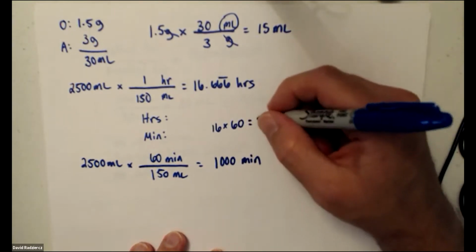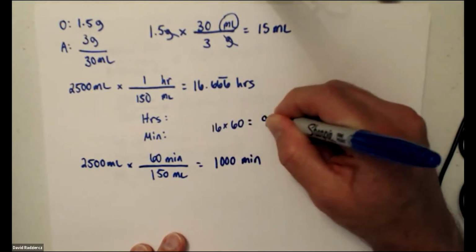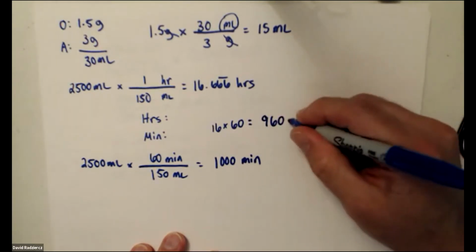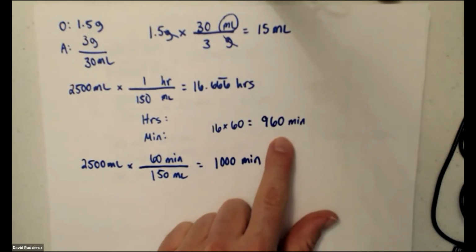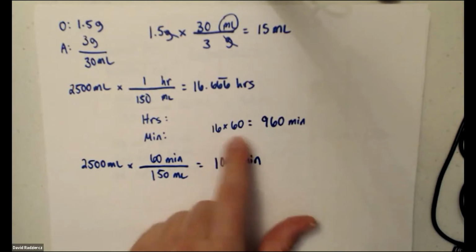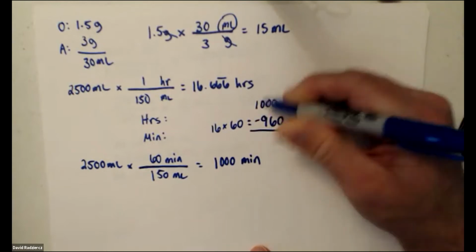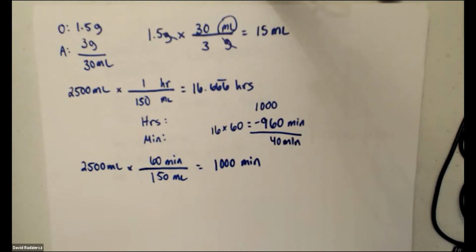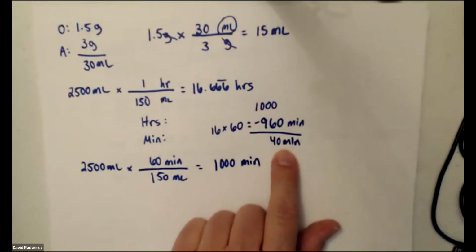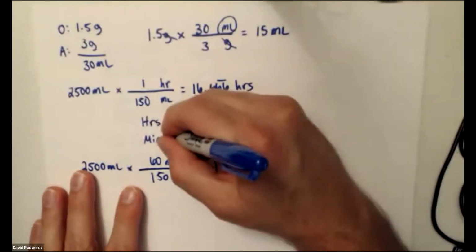I'm going to show you another way that I confirmed, I just wasn't sure. But you get 960 minutes with that, 16 times 60 equals 960 minutes. You just now take 1,000 minus the 960, and you have 40 minutes remaining. So my answer would then be 16 hours and 40 minutes.